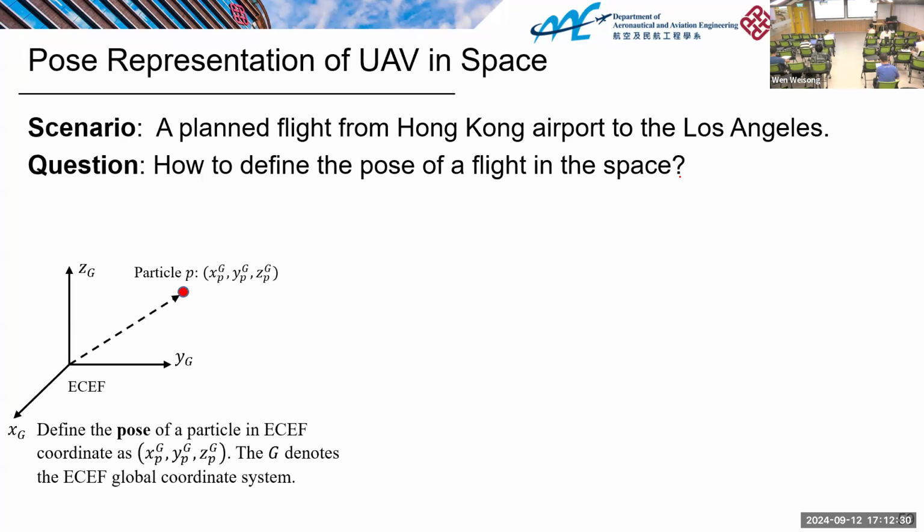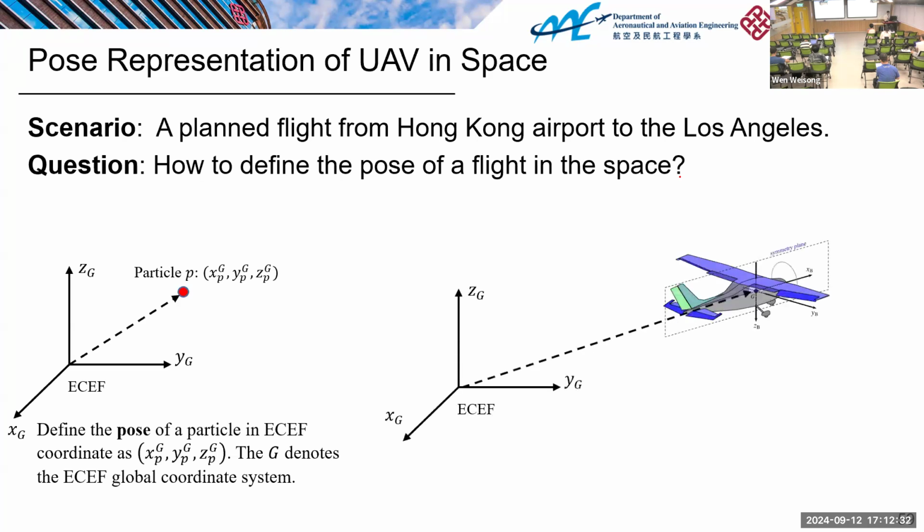The problem is, if we are talking about a flight, we also need to determine the body frame corresponding to these particles, right? If you only talk about the position, it's not good enough, because we also need the orientations. It means we need 3 additional variables.